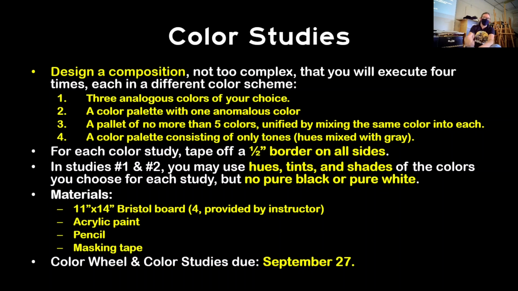But no pure black or pure white can come into those. And honestly, you might want to avoid pure white and pure black in 3 and 4 as well. But here, I want you to not even worry with tints and shades. Whatever colors you mix to make these two, stick to those colors. Don't bring white or black into that.